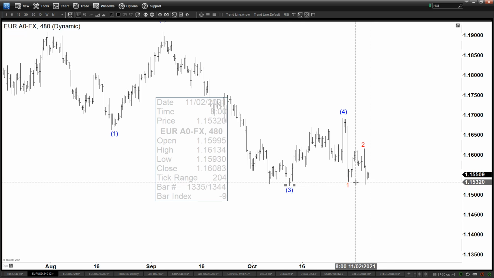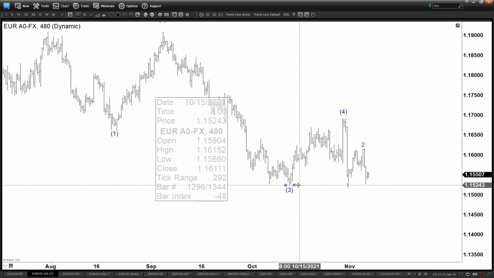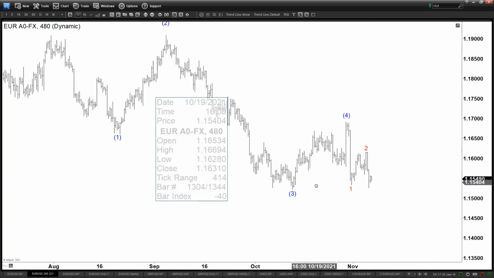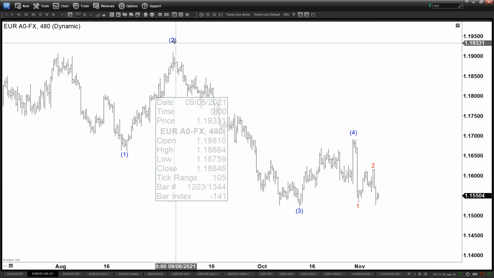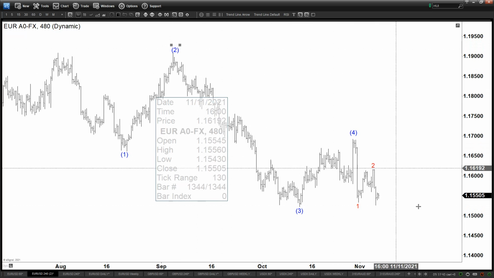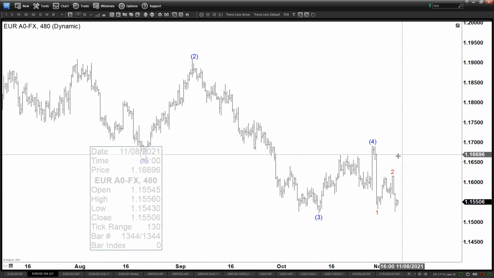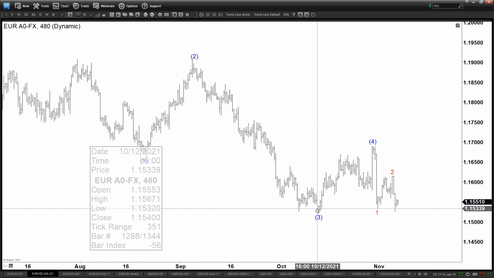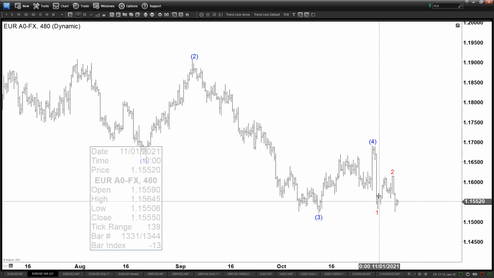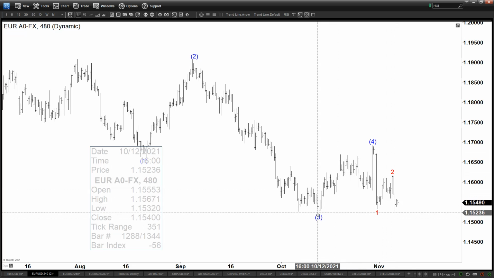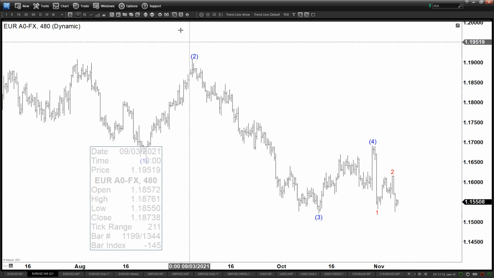So yeah, with a little bit more downside, it is also going to break below here, which further amplifies the idea that we should see more downside, since we continue to make a sequence of lower lows. For now we have not broken below here, but we already broke below here. If we do get a break below here, that should further strengthen the idea.